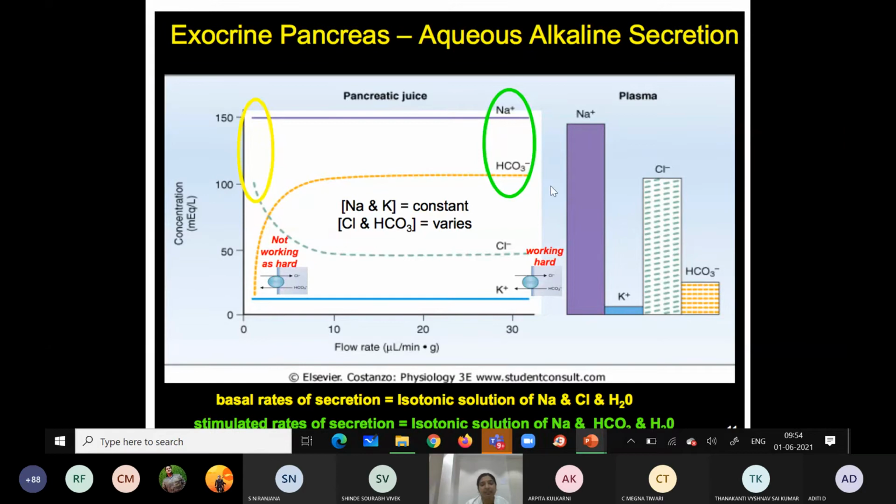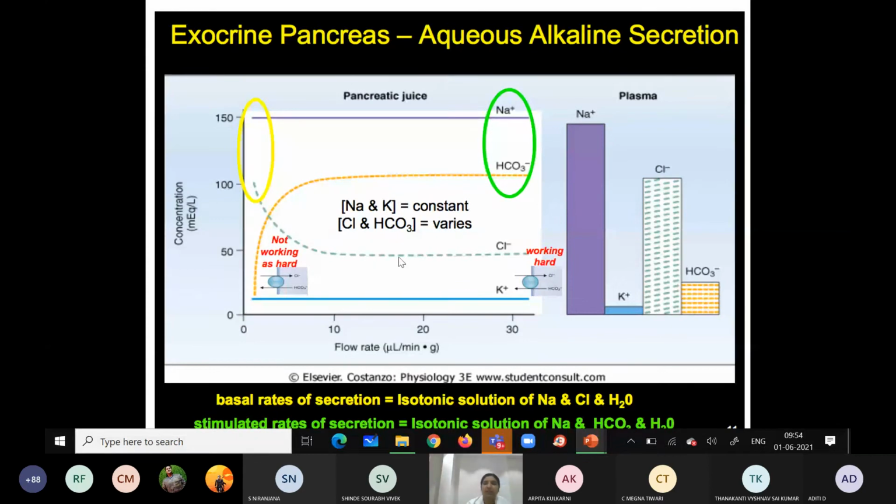So this diagram shows the concentration of bicarbonate and chloride as it moves from the initial portion towards the main duct. If you see, the bicarbonate concentration goes on increasing as the rate of secretion of pancreatic juice increases. This is the resting state.